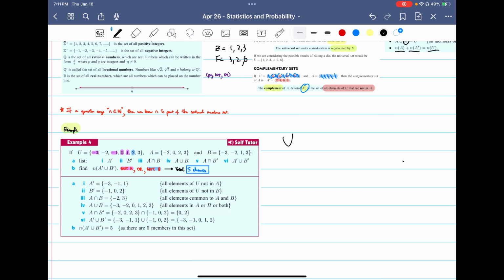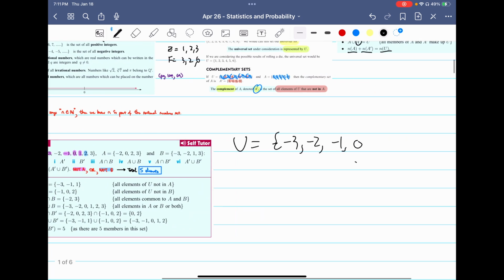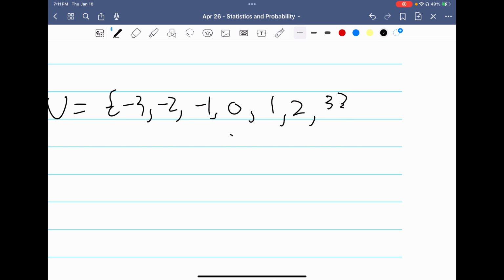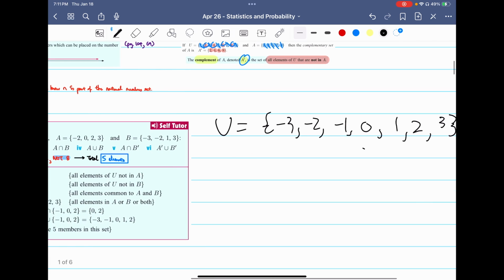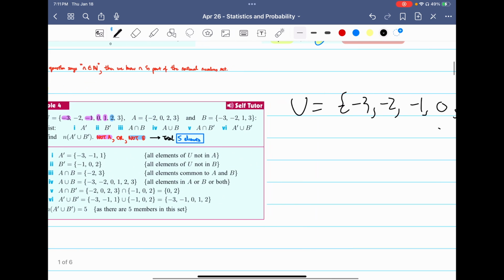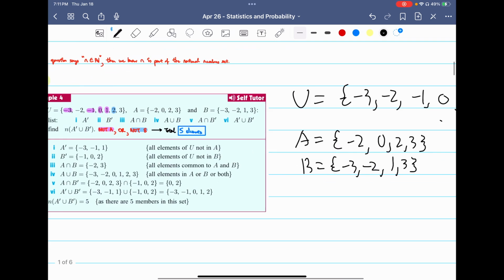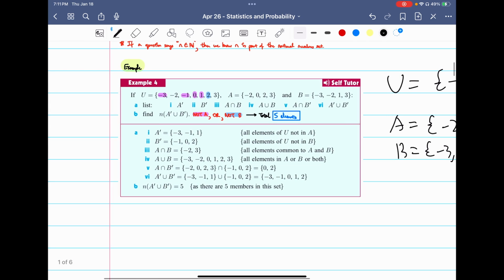If there's a set called U with the elements -3, -2, -1, 0, 1, 2, and 3, and there's a set A of -2, 0, 2, 3, and set B of -3, -2, 1, 3, we'll be able to answer the questions listed here.